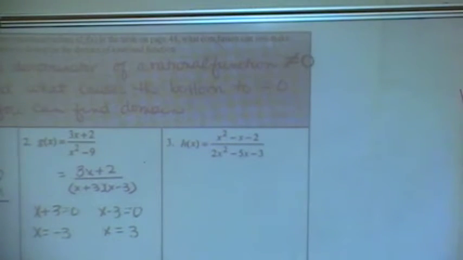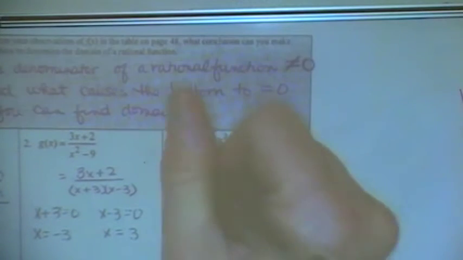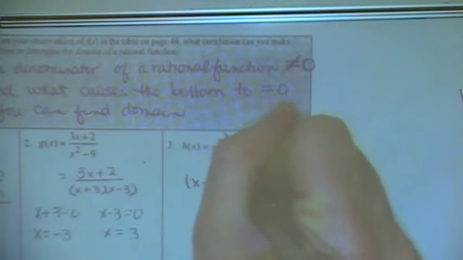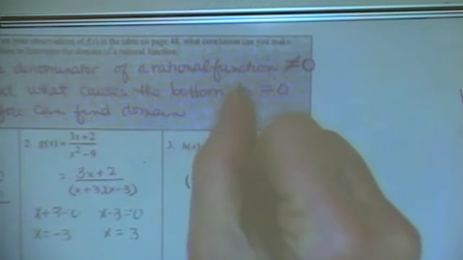The top factors are x minus 2, x plus 1. The bottom, we have to do bottoms up.